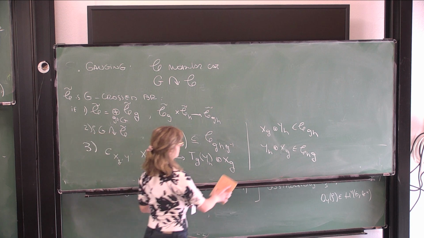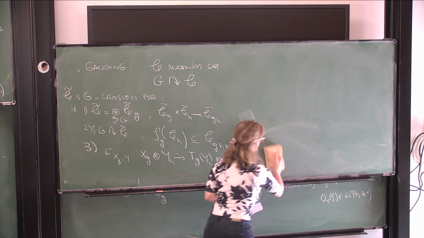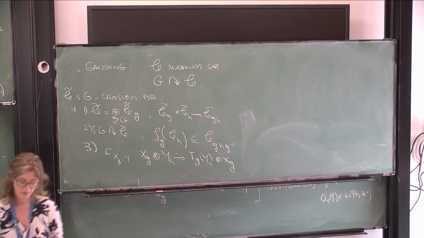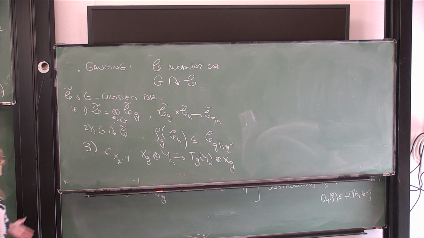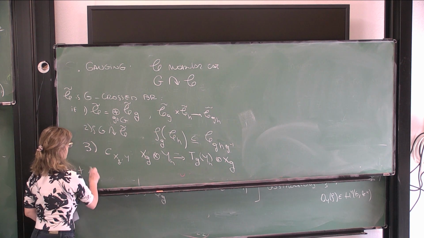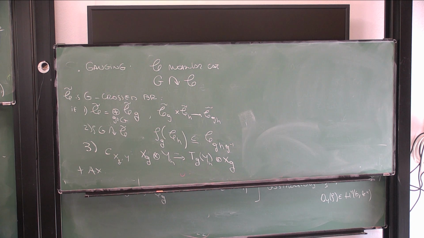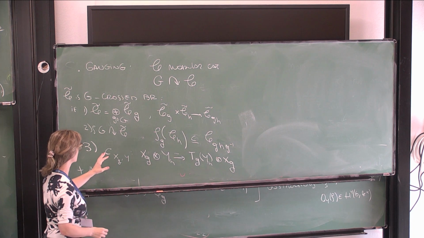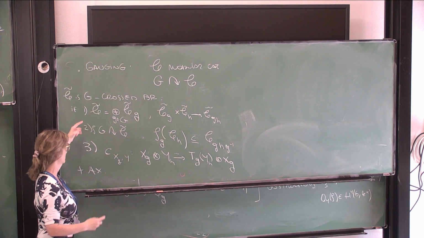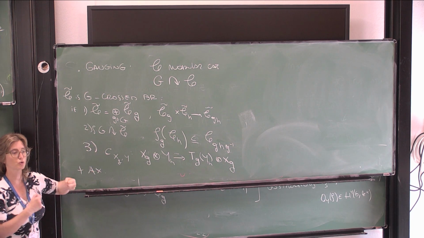So I pay the price of using the action to be able to have this kind of braiding between things. And all these need to satisfy a lot of axioms, which I will not write down, a lot of coherence between things. So I have this kind of cross braiding. Actually, this cross braiding and the action are not two extra pieces.